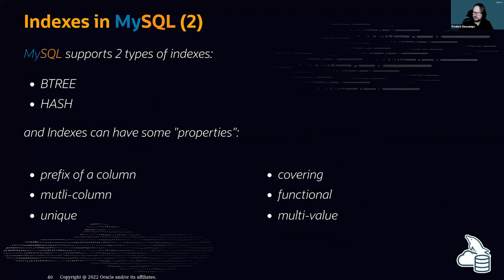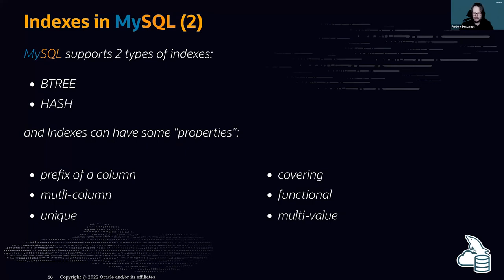In MySQL, again, we have two types of index, B-tree index and hash index. And all indexes can have some, I call them properties, which are prefix of a column, multi-column, unique index, covering index, functional index, multi-value index.